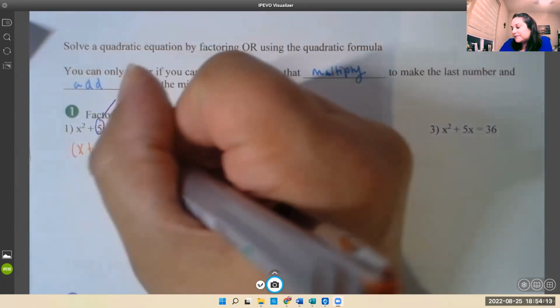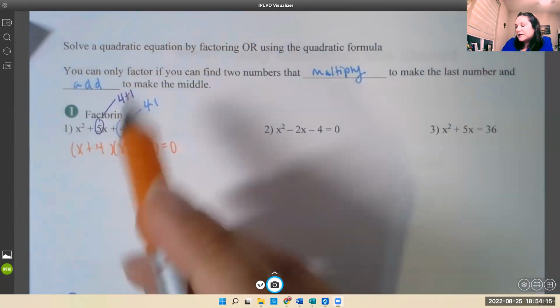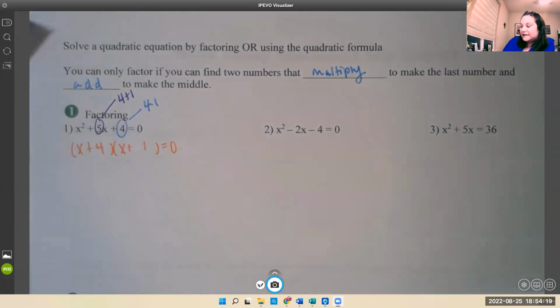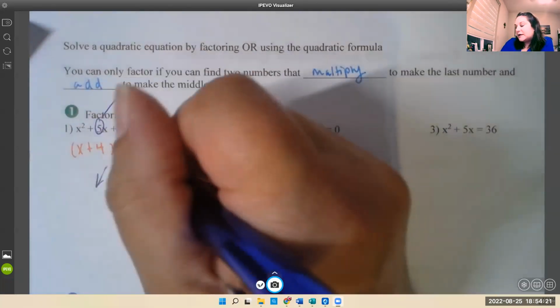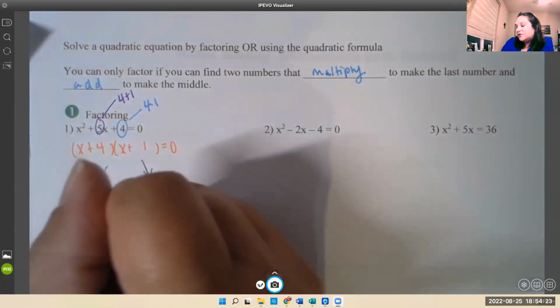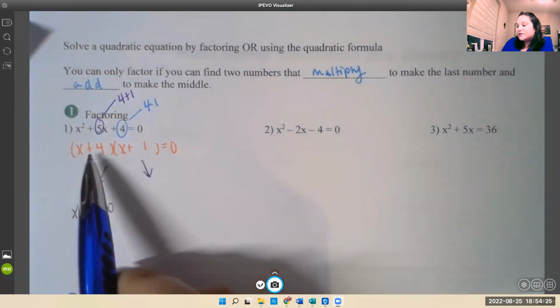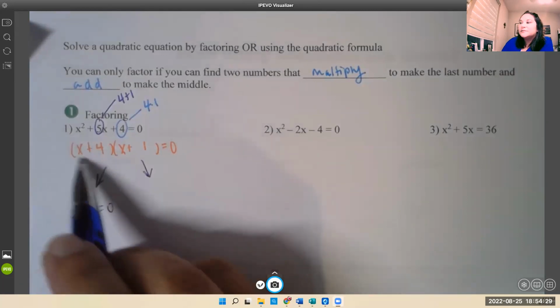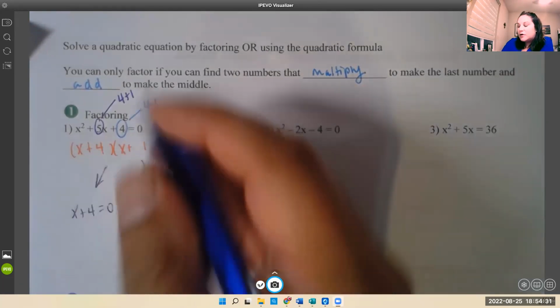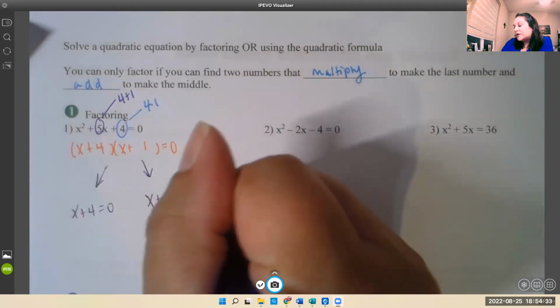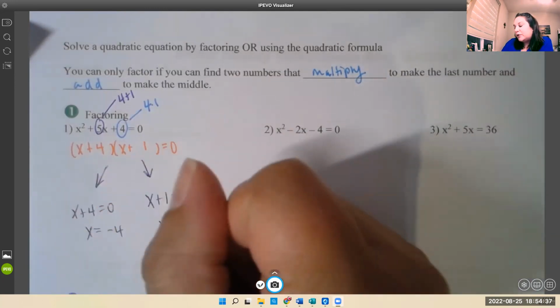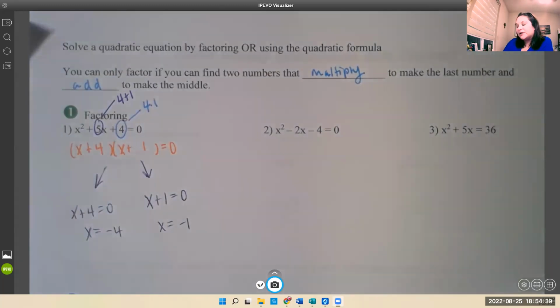So the 4 and 1 are going to be the numbers that you see inside the parentheses, and similar to absolute value, you have two options. If these two are multiplied together and the result is 0, then either the x plus 4 is 0 or the x plus 1 is 0, and really you'd have both as an option.